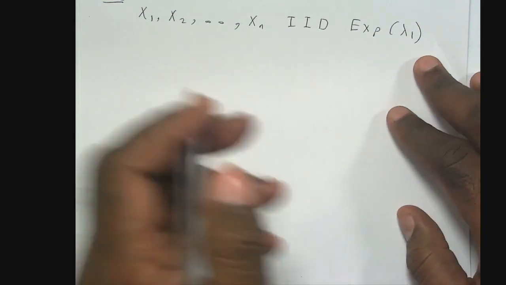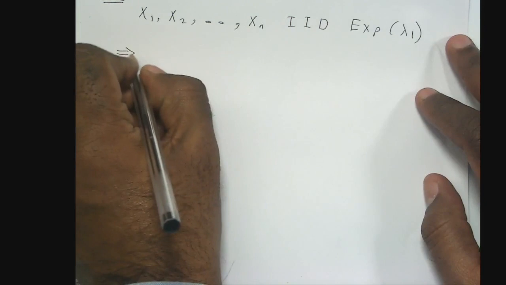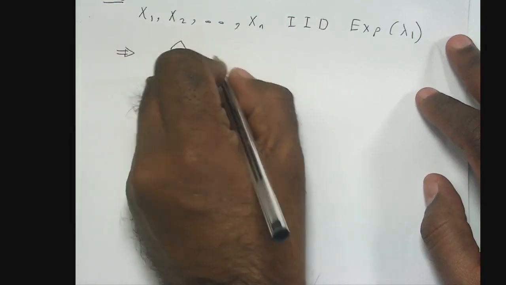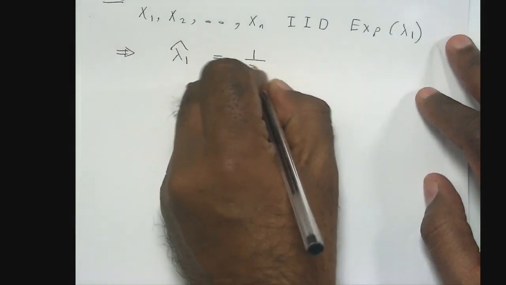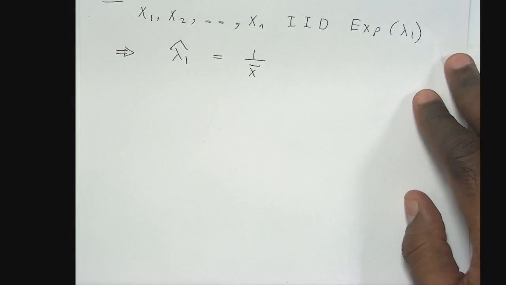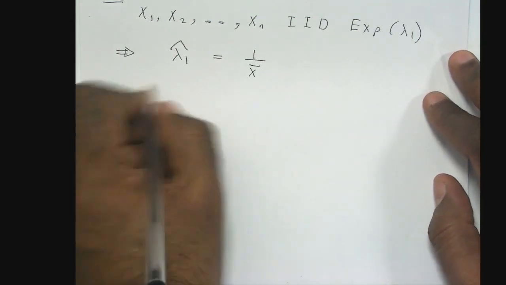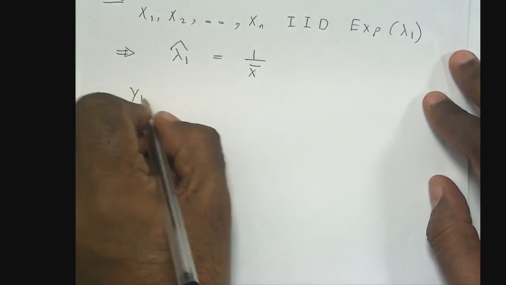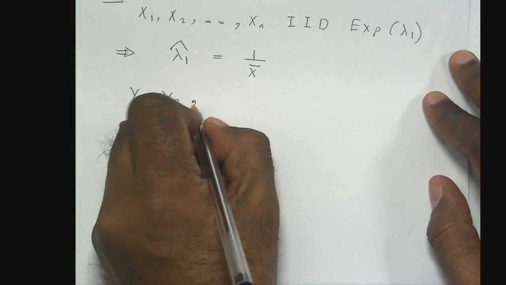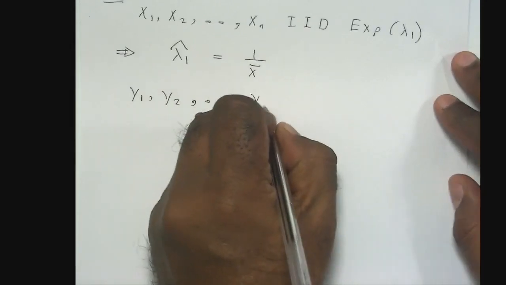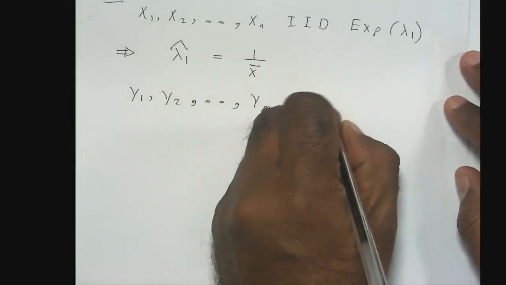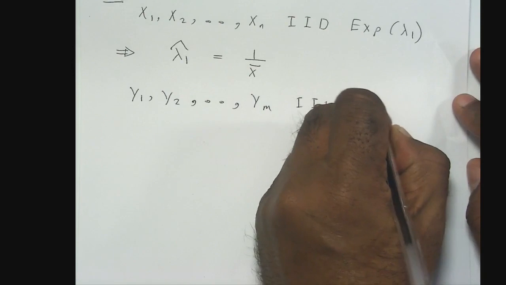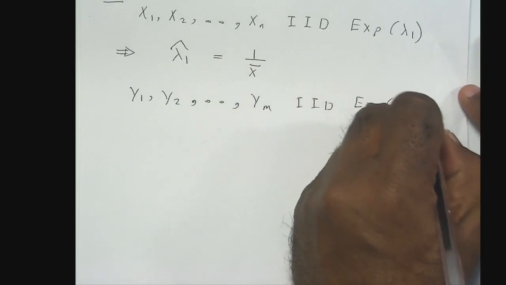1 over x bar. So because of that, the MLE for lambda 1 is equal to 1 divided by x bar. And by the same argument, you have a random sample IID from an exponential distribution with parameters lambda 1 and lambda 2.